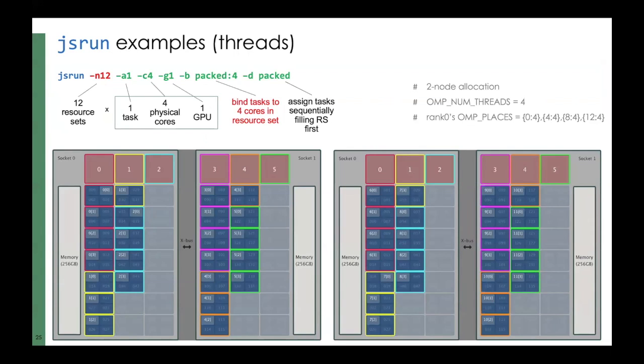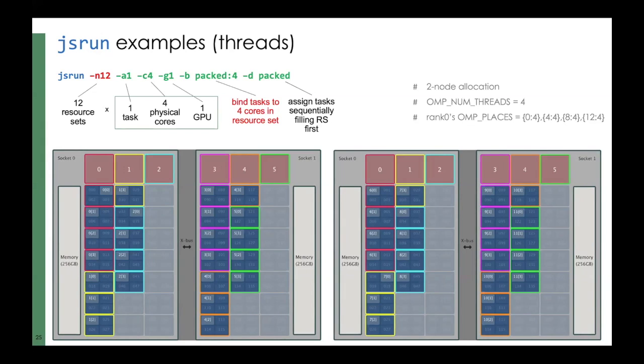Another thing that is commonly done on the machine is the use of threads, the use of codes that are written in a combination of MPI and OpenMP, for example. To run with threads, this example shows what a basic jsrun would look like if you were to run a code where each MPI task launched 4 threads.